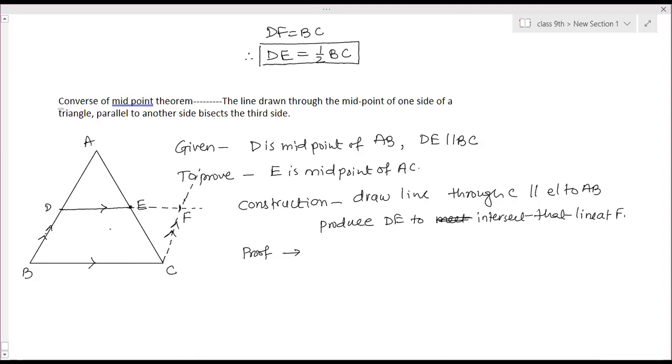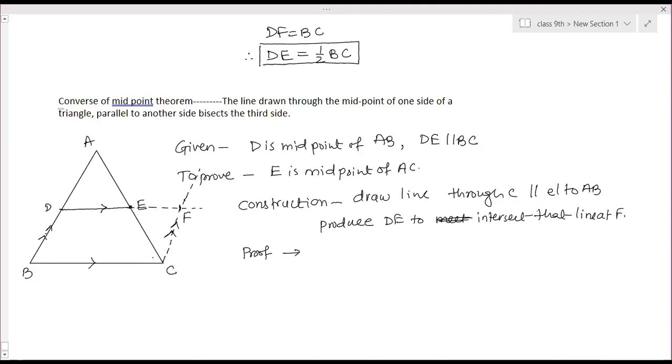Able to understand this point? First we have to prove DBCF is a parallelogram. It is given that DE is parallel to BC, and DE is only produced to F, so DF is parallel to BC. By construction AB is parallel to CF. So both pairs of opposite sides are parallel.